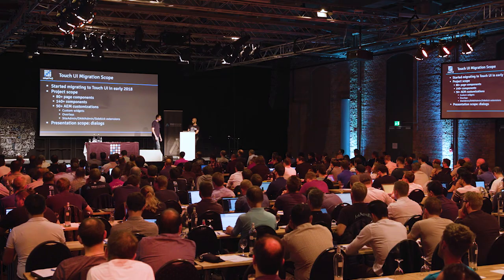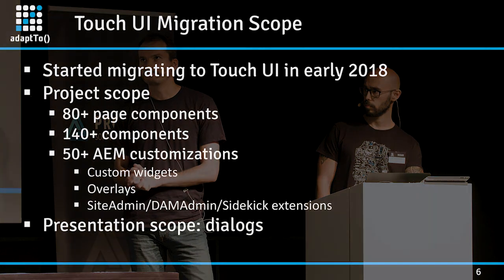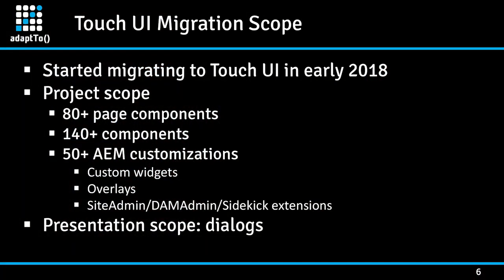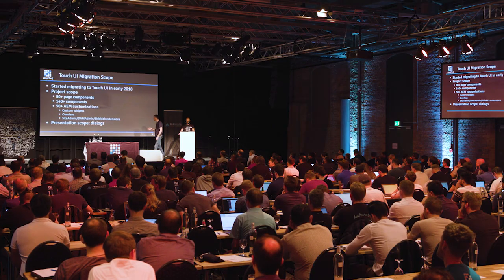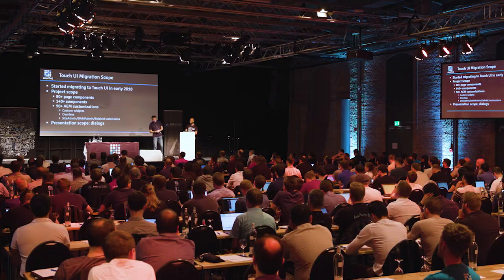Although it's hard to count them, we have a rough estimate of 50 customizations, which are customized ExtJS components for our current classic UI dialogs. We have overlays for different areas of the system, and we have extensions made for the classic UI, like siteadmin, damadmin, and sidekick, which are all in the scope of our TouchUI migration.